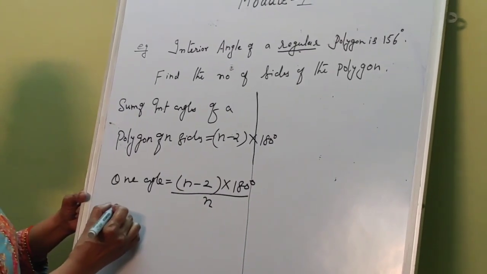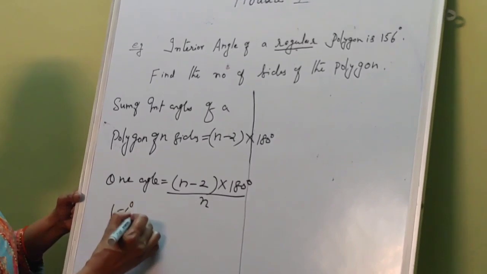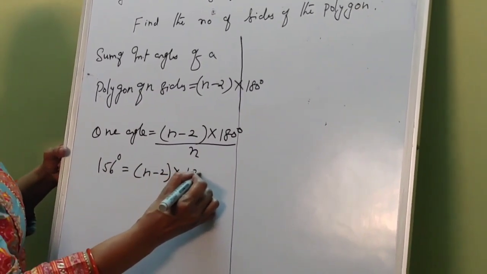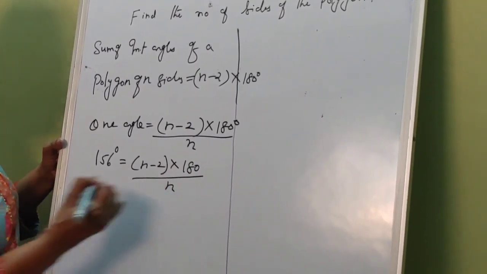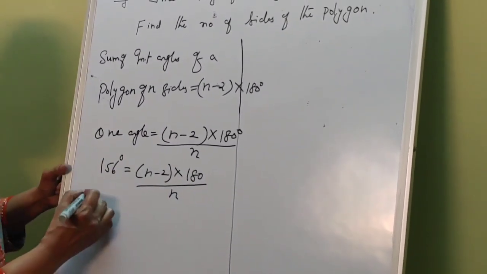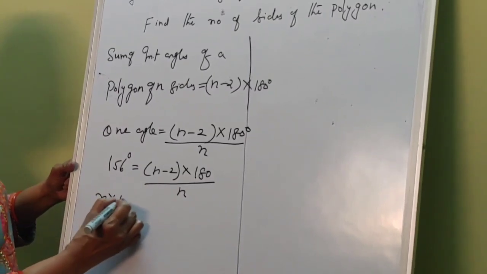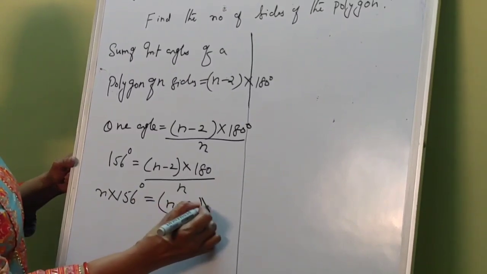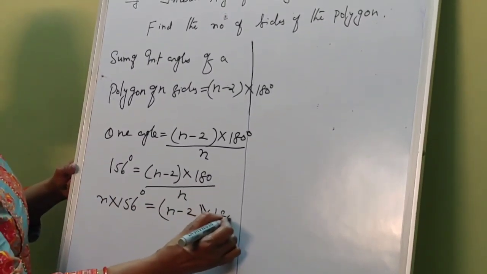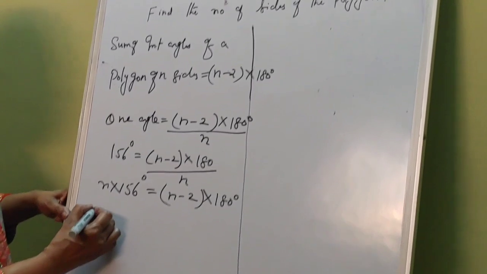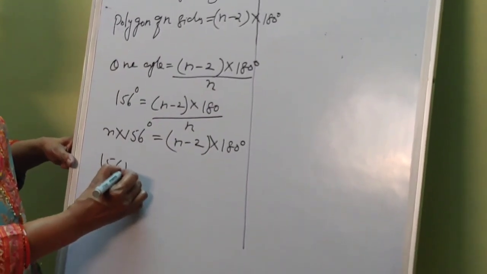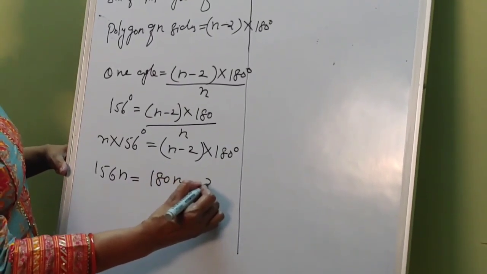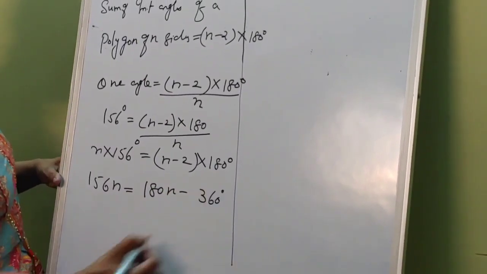And we have the measure, so we write 156 degrees is equal to n minus 2 into 180 upon n. So, when we solve this, we have n into 156 degrees is equal to n minus 2 into 180 degrees. So 156n is equal to 180n minus 360 degrees.